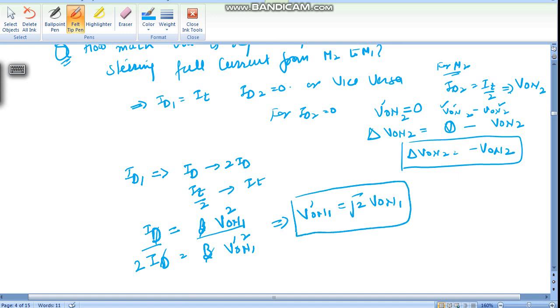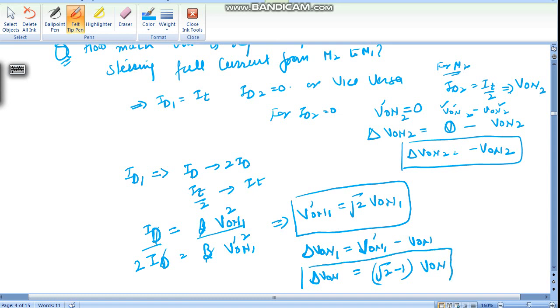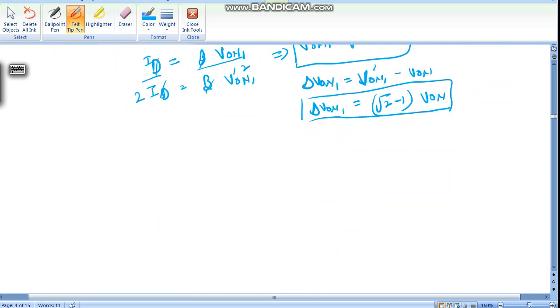Now delta V on 1 is new value V on 1 dash minus V on 1, which equals square root 2 minus 1 times V on 1 initial value. So this is our delta V on 1 change required for making the current 2 times.